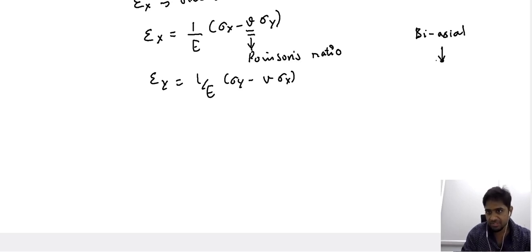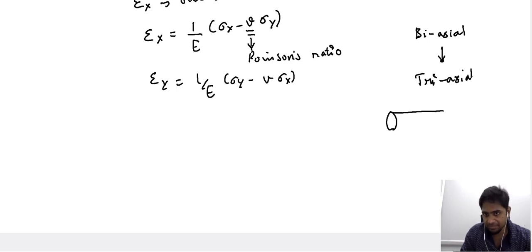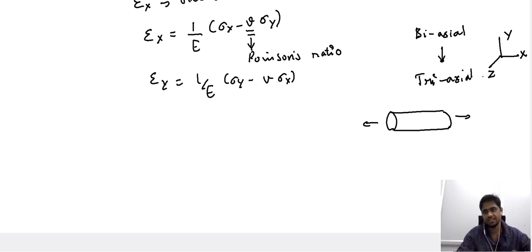Now let us extend this assumption and consider the triaxial tensile loading condition. How the triaxial tensile loading would look for the sample that we have been considering thus far is something like this. So we have the longitudinal direction. For the sake of triaxial tensile loading, let us consider a frame of reference of this sort. We have our x-axis, our y-axis, and now an additional axis, the z-axis.